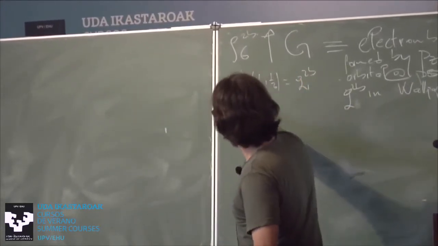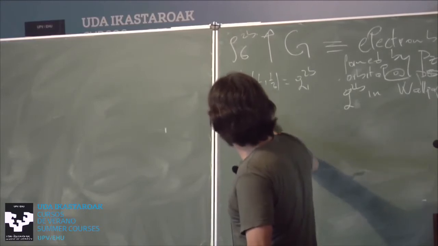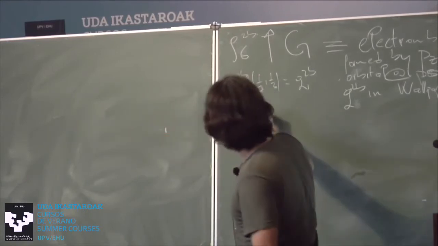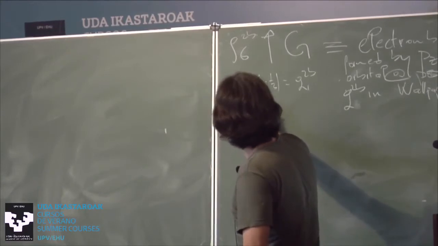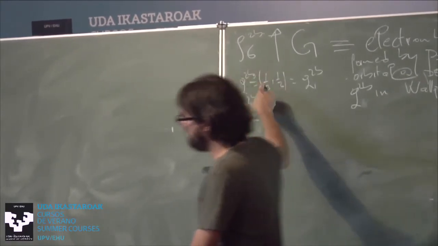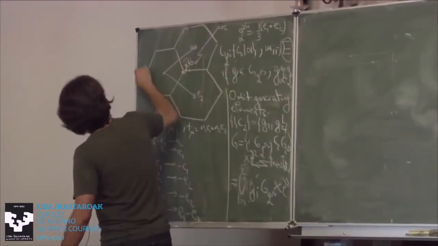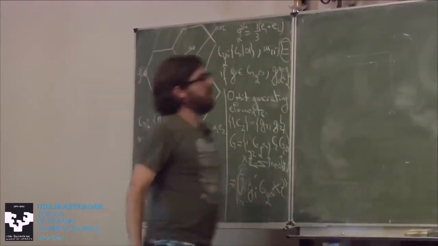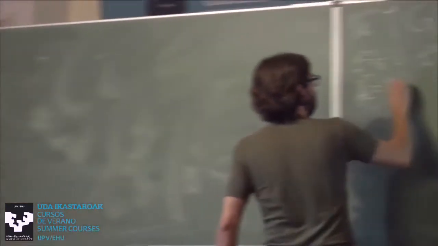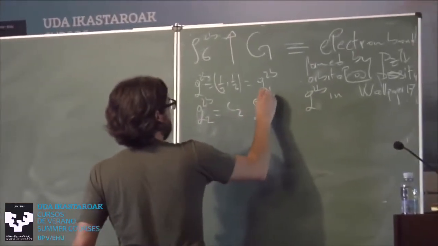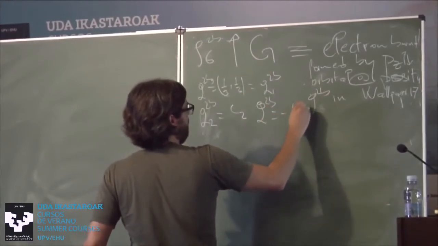There's another, in the same Wyckoff position, there's another site, Q2B, call it 2, which is just C2 times this guy. This is rho Q2B1, Q2B2. And this guy is just C2 times Q2B, and it's minus 1/3, minus 1/3.